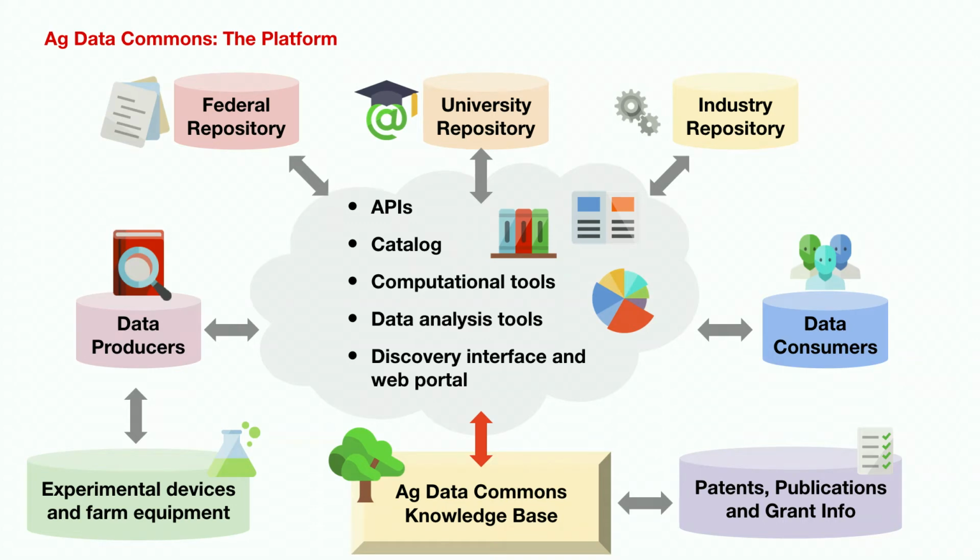And there's other sources, and then being in a research environment, we have the data producers. We also produce information that goes into this database, and I guess this area here, experimental devices and farm equipment.